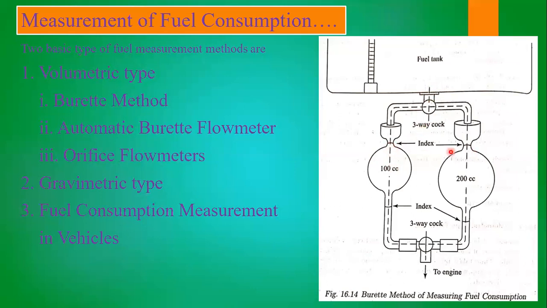That means exactly 100 cc should be in this bulb and exactly 200 cc in the other. For filling, both will take the same time, because the opening here is going to be double, so both are filled within the same time. After filling these two glass bulbs, we stop the three-way cock.